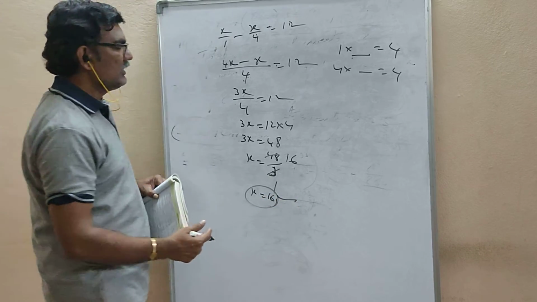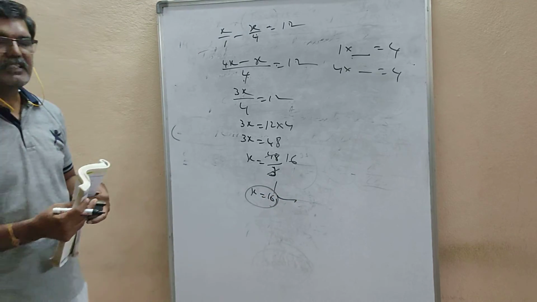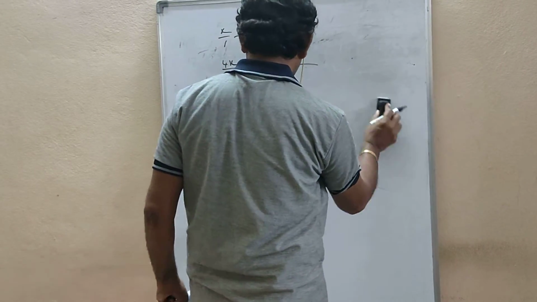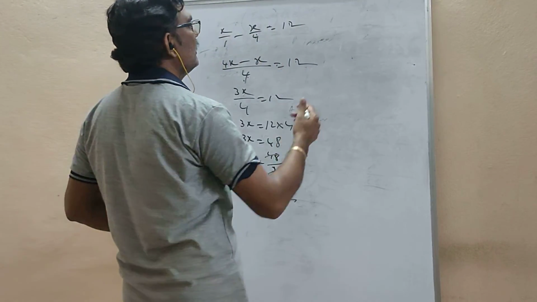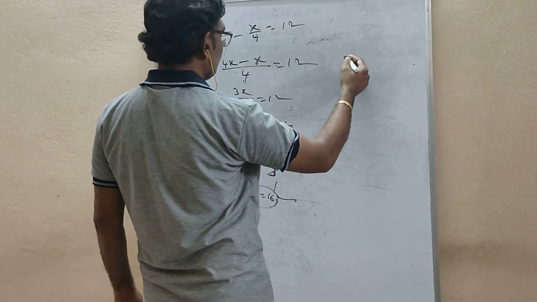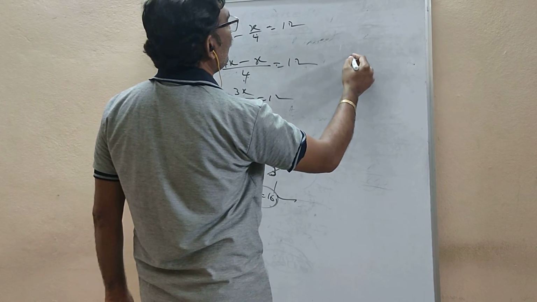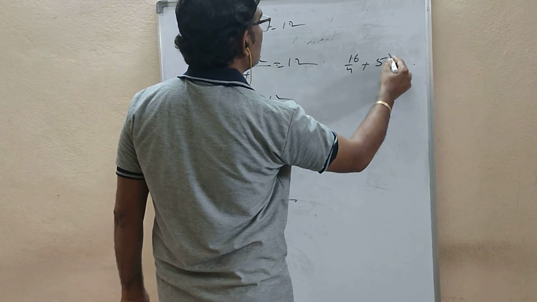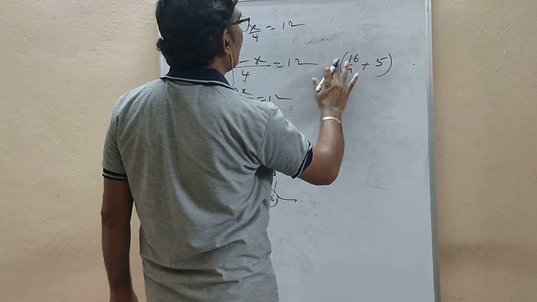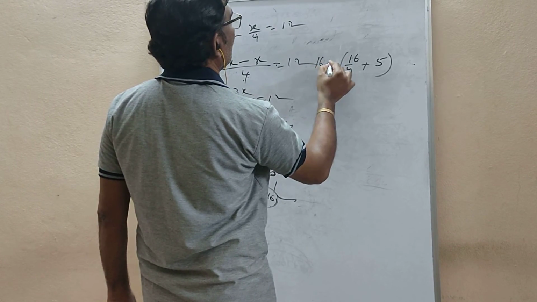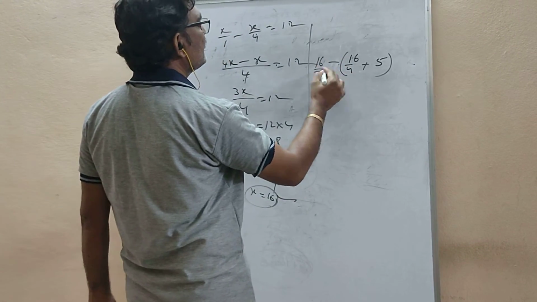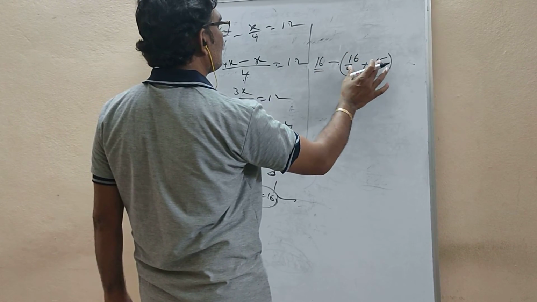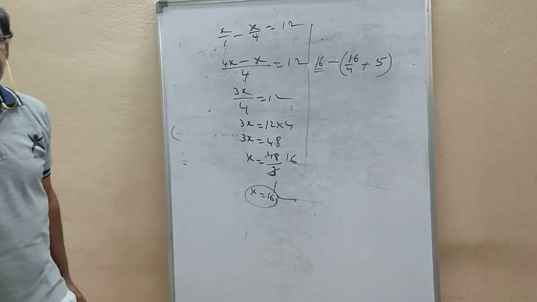So this Shekhar has 16 sweets with him. How many sweets are there with Shekhar? 16 sweets. So 1/4 of sweets means 16 by 4. And also 5 sweets he gave. From 16 sweets he gave 1/4 of the sweets and 5 sweets to Renu and Raji.